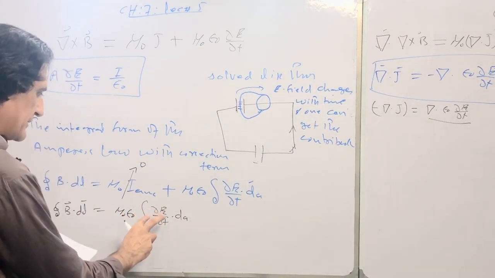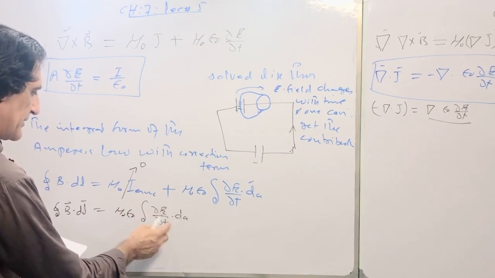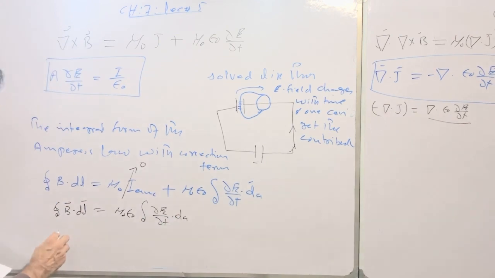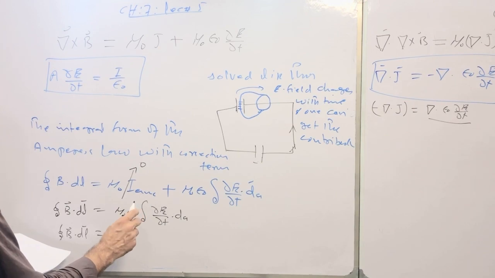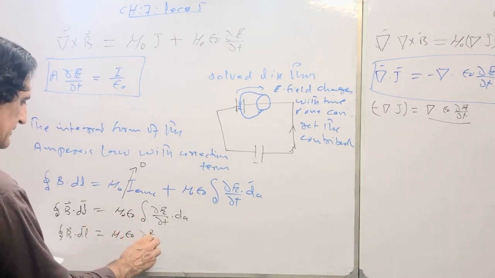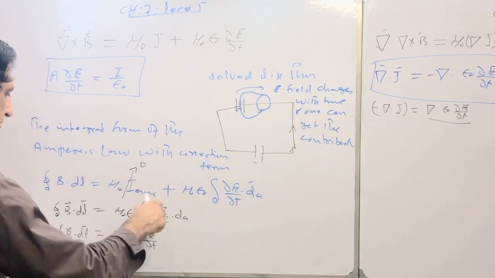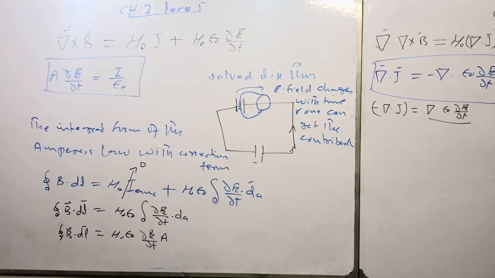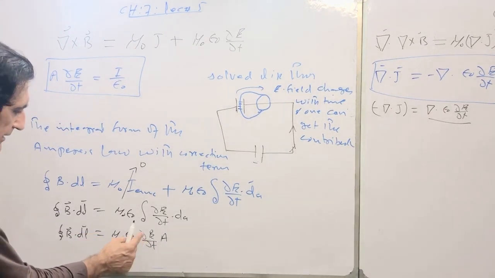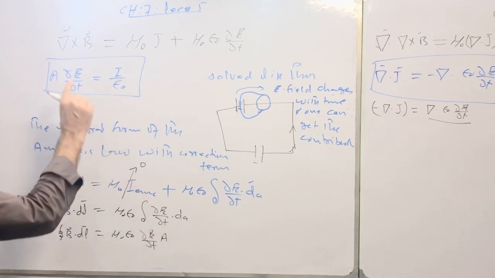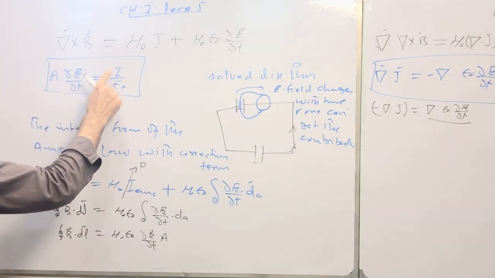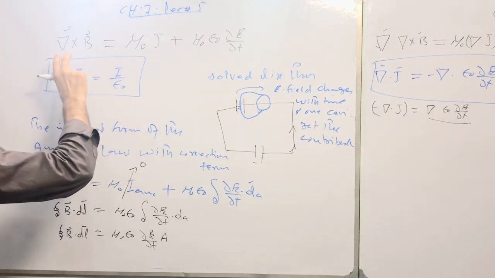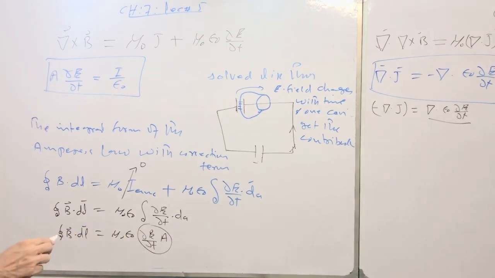If this integral is applied to the total area, it may give B dot dl equal to mu naught epsilon naught, partial E divided by partial T, times the area of the whole surface, this is A. Then A partial E divided by partial T, I already calculated this one, which is equal to I divided by epsilon naught, putting the value of this in here. Then what will happen?